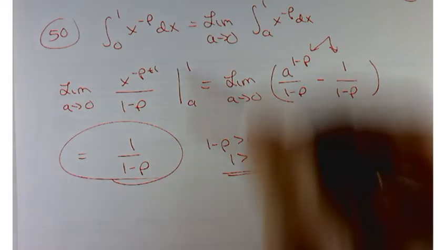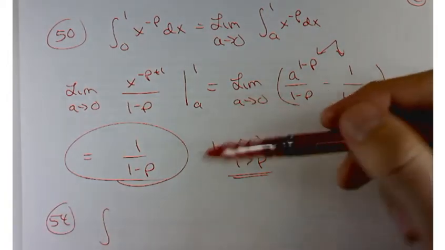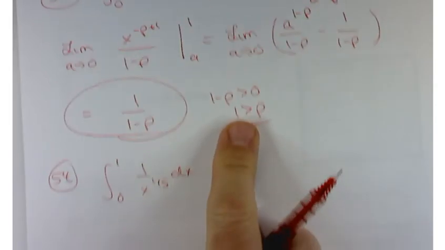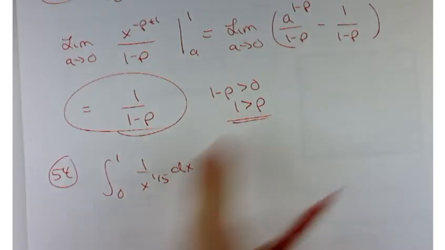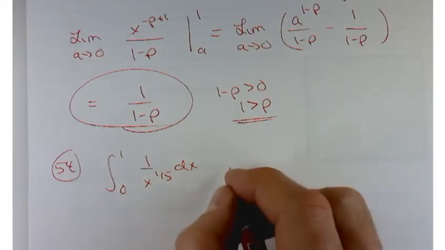Now, what's nice about some of these results is that you can start recognizing things. For instance, in problem number 54, if all I asked you is, are we going to get a finite result when we integrate from 0 to 1 of 1 over x to the 1/5, you can look back here and say, well, the value of p is 1/5, and because that's less than 1, this is going to converge.